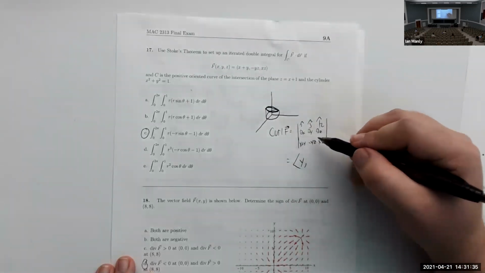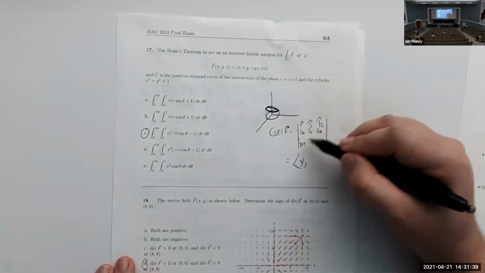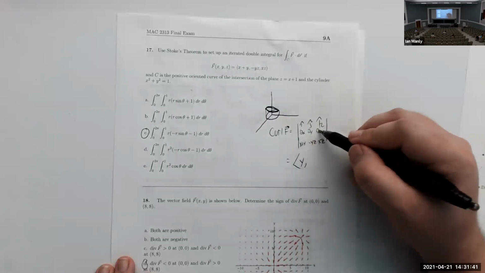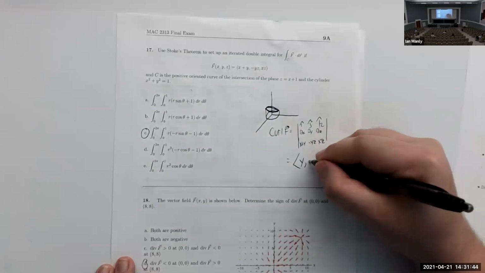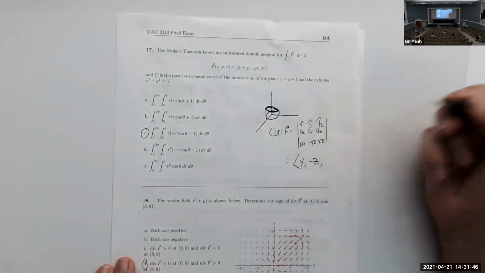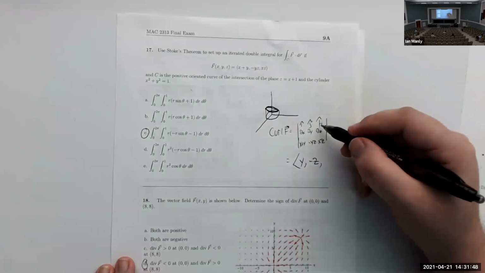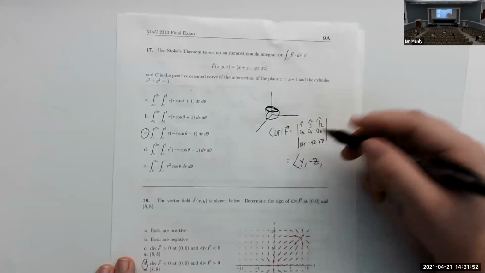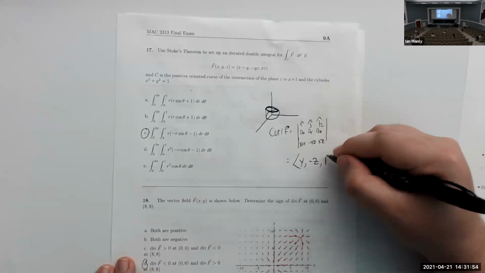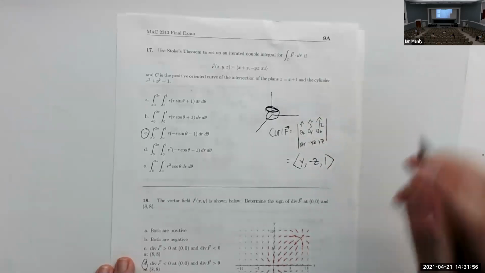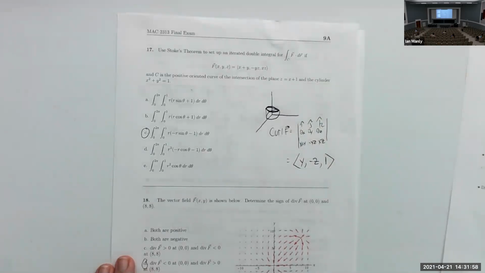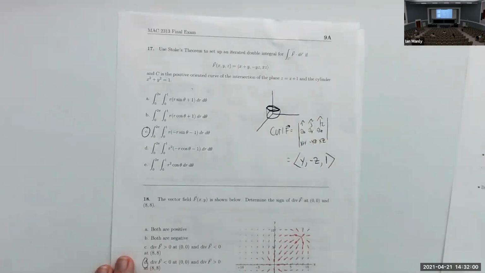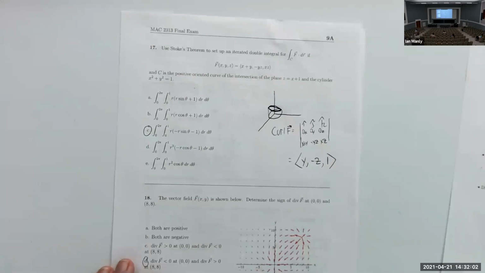We have the x derivative of this, which is z. We have the z derivative of this, which is 0, and then we negate that. So we have negative z. And then finally, we have the x derivative of this, which is 0, and then the y derivative of this, which is 1. So we end up with this as our curl right here. So this is the curl of F.